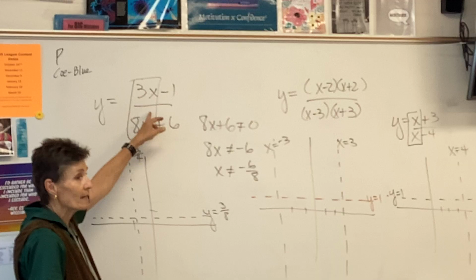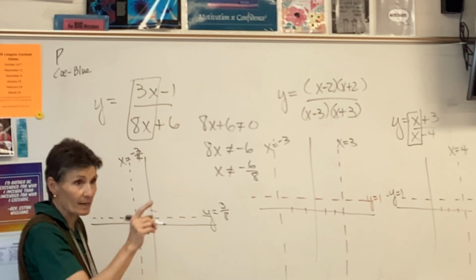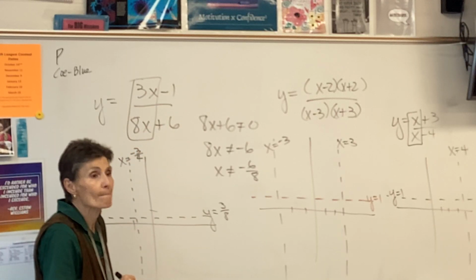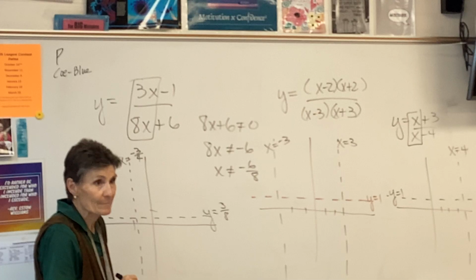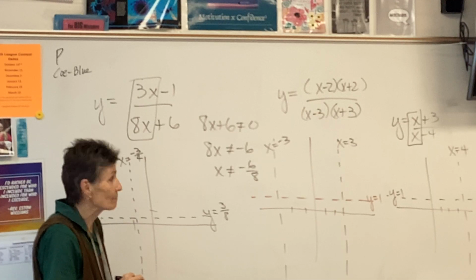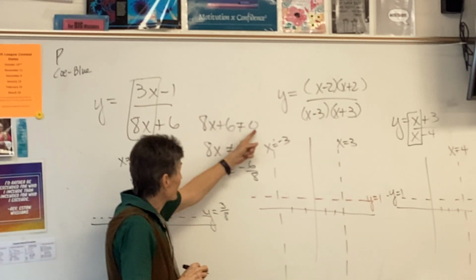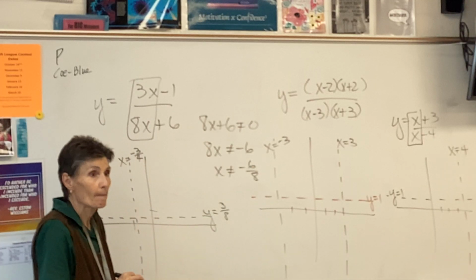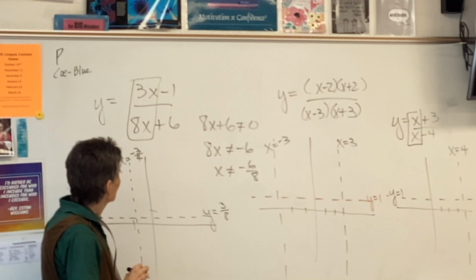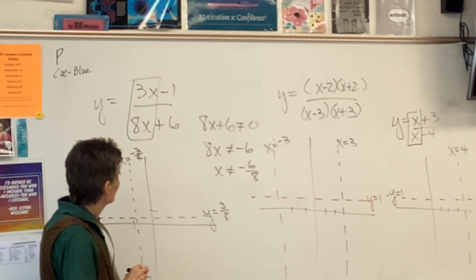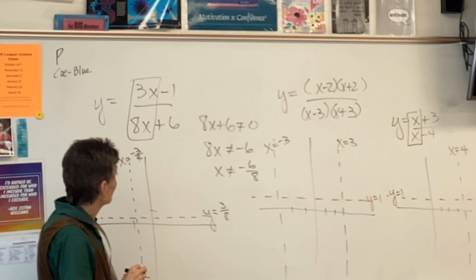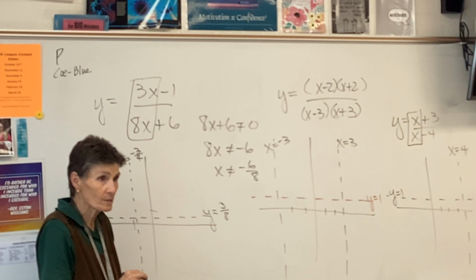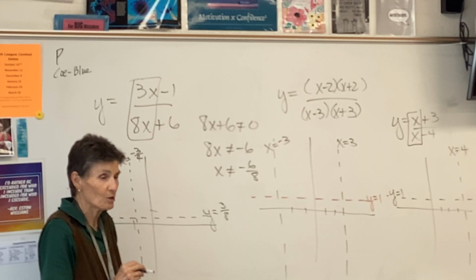Because you have 3x over 8x. For the denominator, it's negative 3 over 4. Yeah, because you subtract 6 and divide by 8. Why isn't it positive 3/4 from the vertical asymptote? What are you thinking?